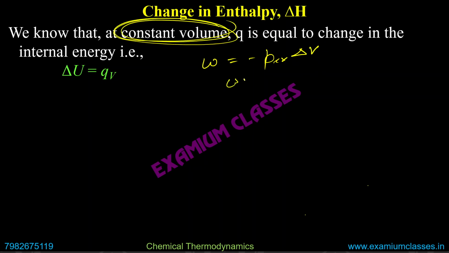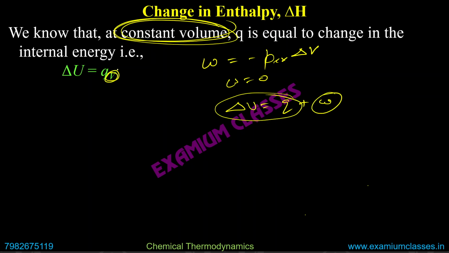It means W will be 0. If W is 0, then delta U equals to Q plus W. This W is 0, so delta U will be equal to Q only. But here we write V just to indicate that it will be equal to Q only if we have volume as constant. So writing QV indicates that it is at constant volume. Otherwise, delta U will be equal to Q plus W.